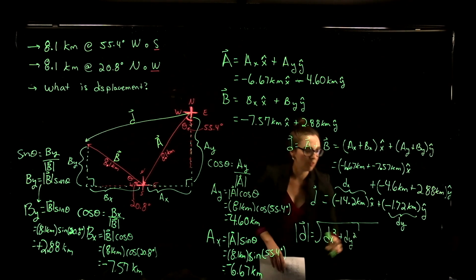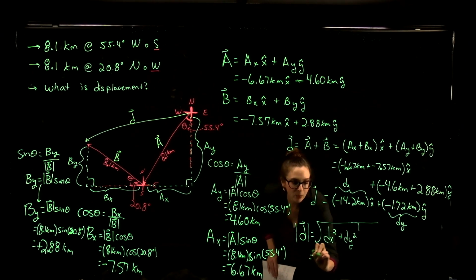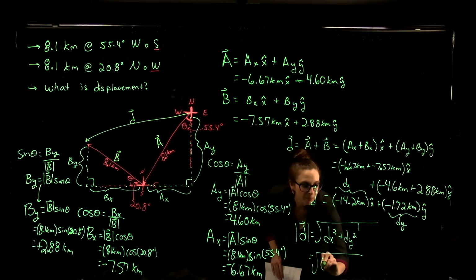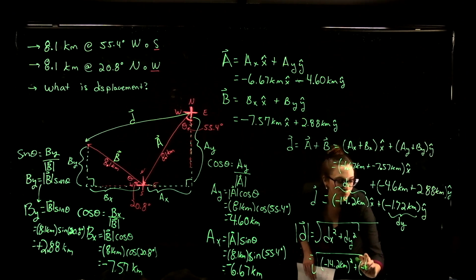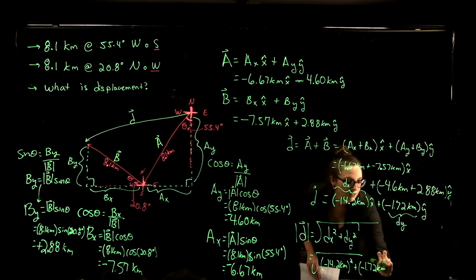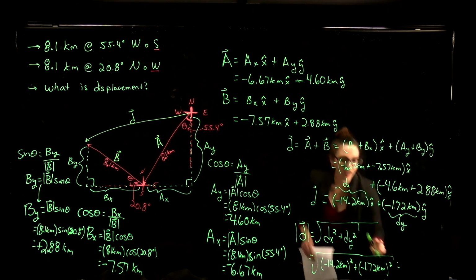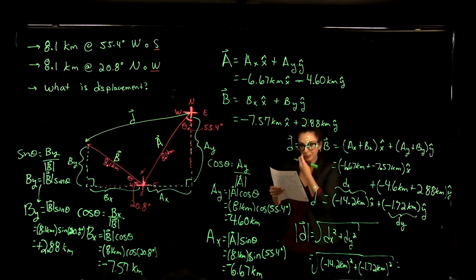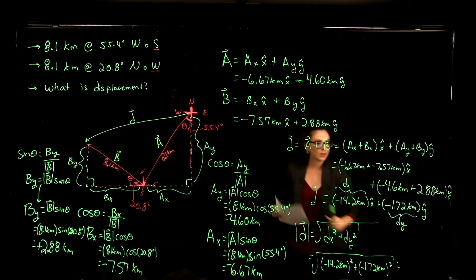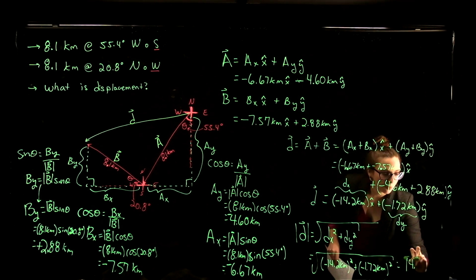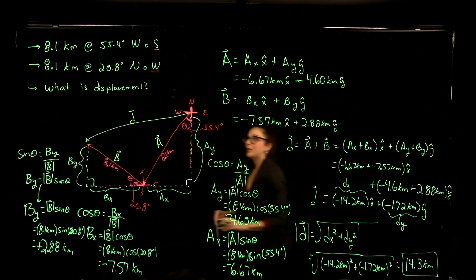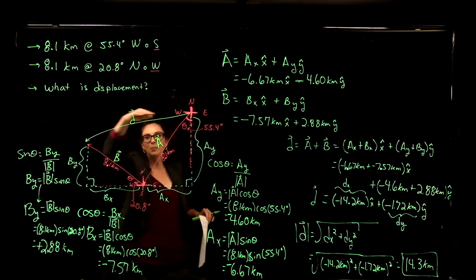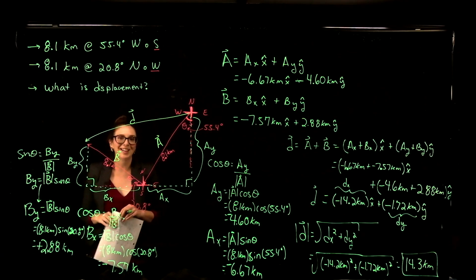Okay, so then that equals the square root of (minus 14.2 kilometers) squared plus (minus 1.72 kilometers) squared. And that equals 14.3 kilometers. And that is the magnitude of my displacement from my starting point to my ending point. Okay.